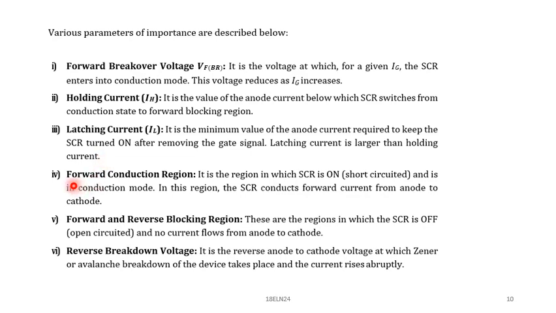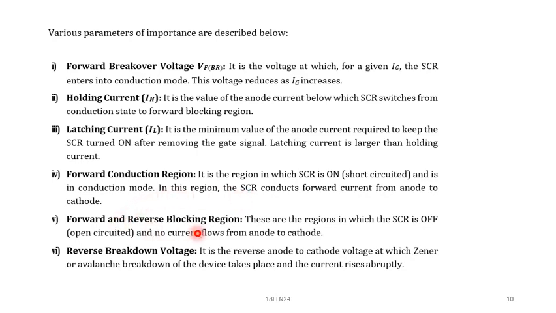And the next parameter is forward conduction region. It is a region in which the SCR is on or short circuited and is in conduction mode. In this region, the SCR conducts forward current from anode to cathode. So forward conduction mode means the SCR is always in the on state only.